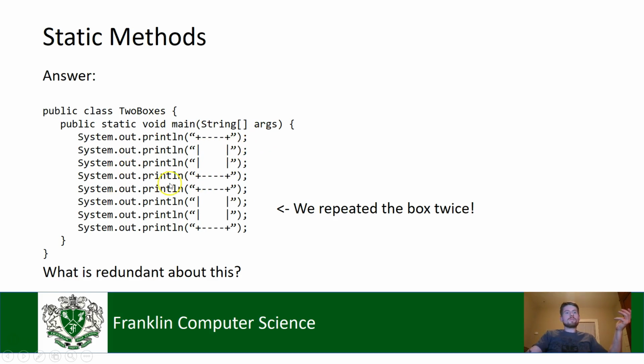We repeated this four-line chunk of print statements twice. So that seems a little bit redundant and unnecessary. We want the computer to do these kinds of things for us, and we're just going to say, hey, let's make a box and then do it twice, right? Why not? So to do this, we're going to use static methods.